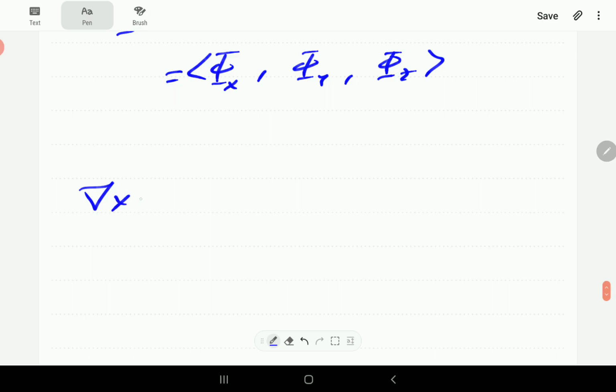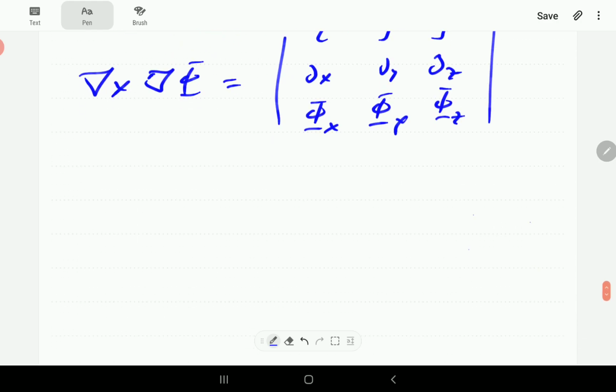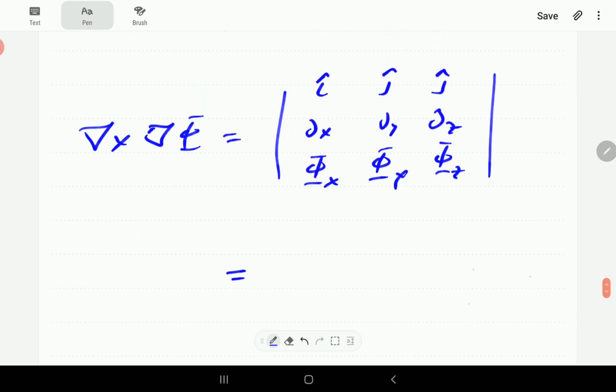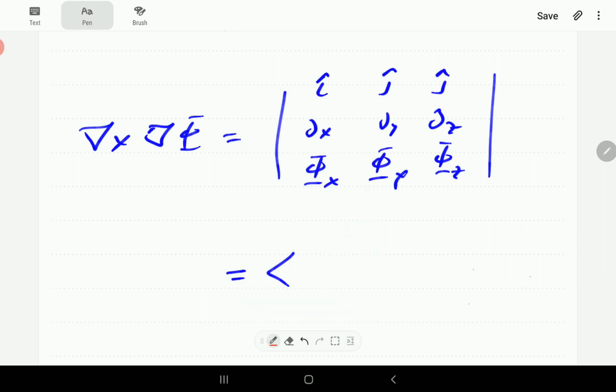So the curl of grad phi is going to be this 3 by 3 determinant with i, j, k, the x, y, z derivatives, and then phi x here, phi y here, phi z. The x component we get by taking the determinant of that.